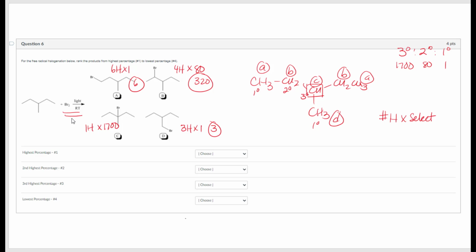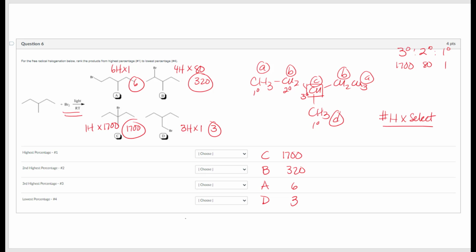So in terms of numbers, product C is the big major product at 1700. Next is product B at 320. Then A at 6. And finally D at 3. So again, number of hydrogens times the selectivity of that hydrogen that's being replaced.